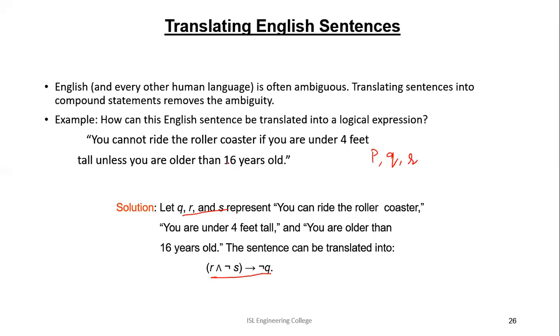So if I use this as P, Q, R, then my solution was Q and negation R implies negation P.